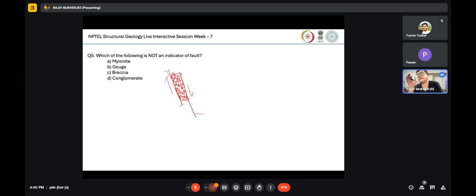But if you see most of the exposures, especially in the Himalaya, you will find gouge, breccia, and conglomerate all associated together.